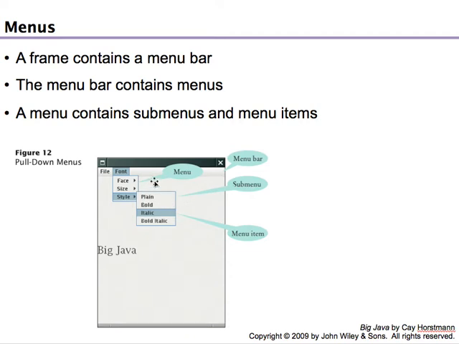So in the example in front of you, you have a menu bar, and you can create a menu bar object and add it to the frame, which will add a menu bar over here. Then you create menu objects like a file menu, a font menu, and add the menus to the menu bar.